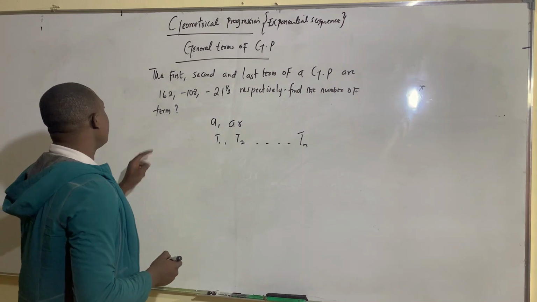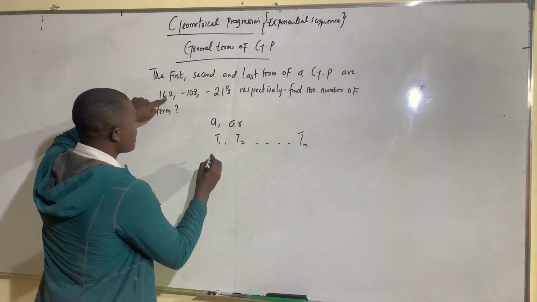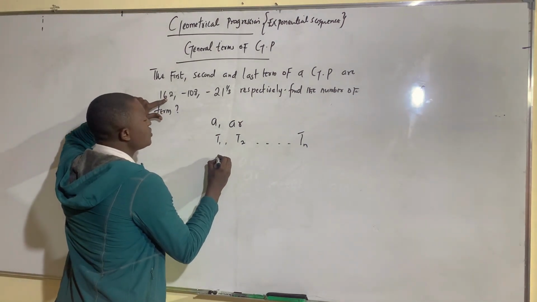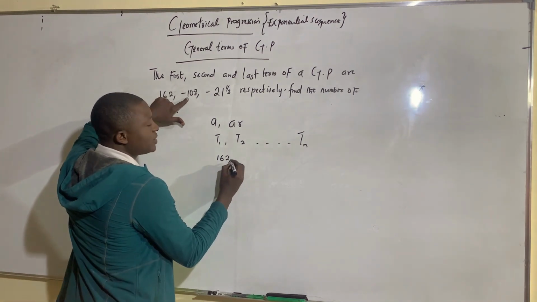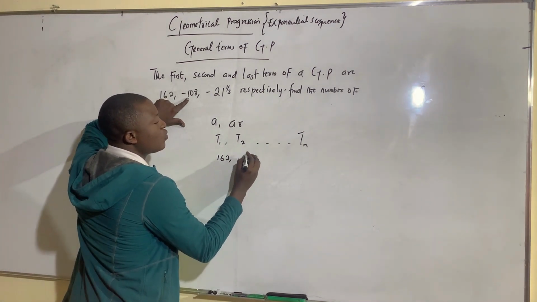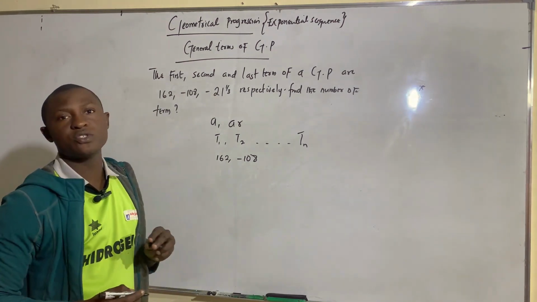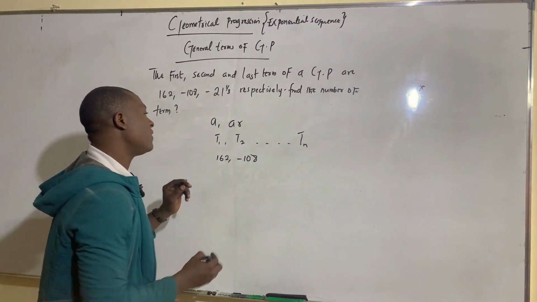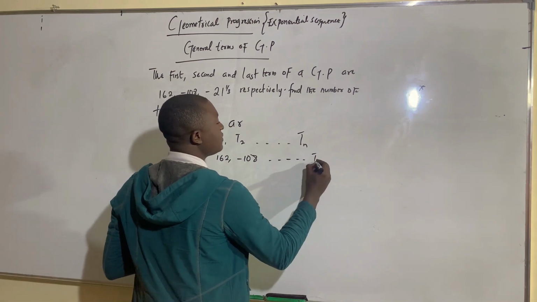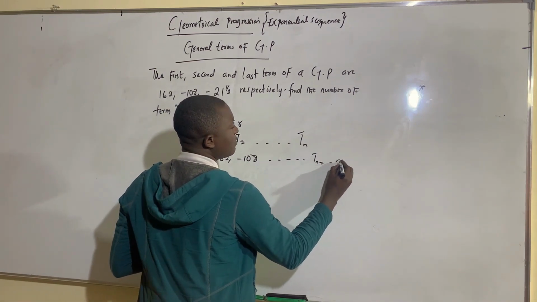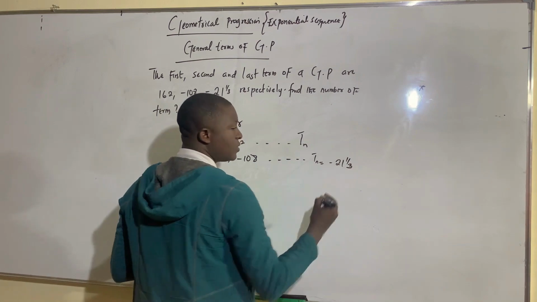They now said 162, meaning the first term is 162, the second term is minus 108, and the last term is given as minus 21 and 1 over 3.